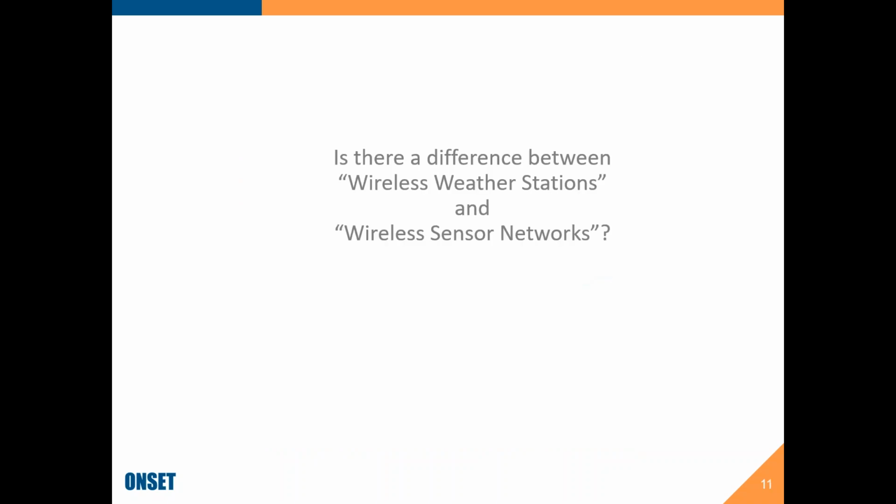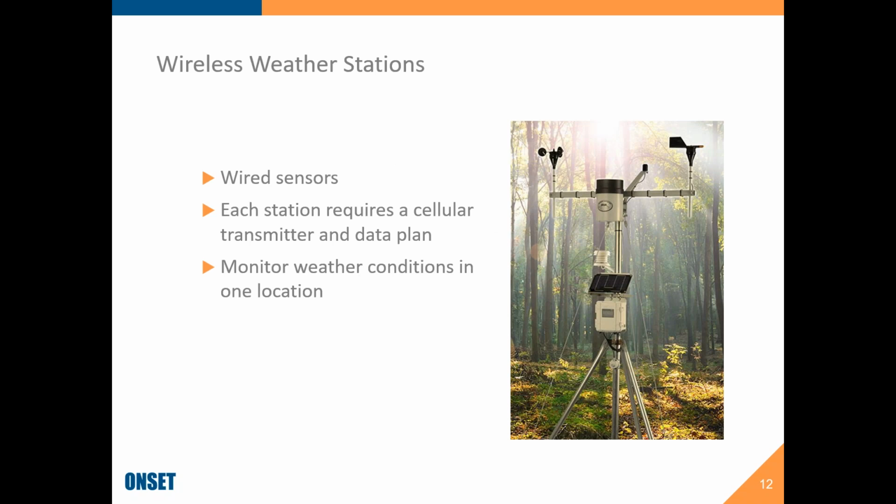Just a little bit of terminology. Is there a difference between wireless weather stations and wireless sensor networks? Yes, you probably figured that out. Let me just talk a little bit about how I'm defining them.